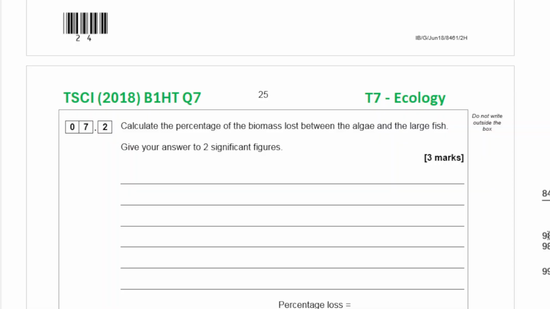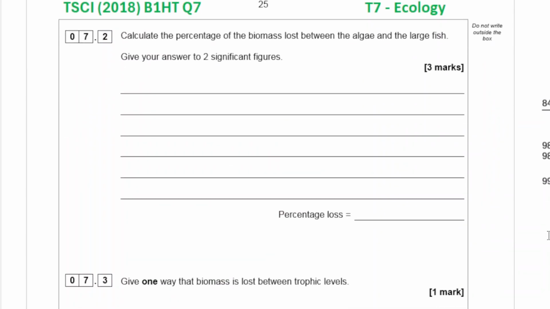Calculate the percentage of the biomass lost between the algae and the large fish. Give your answer to 2 significant figures. The algae had 840 and the large fish was 10. So the percentage reduction is 830 divided by 840 times 100.